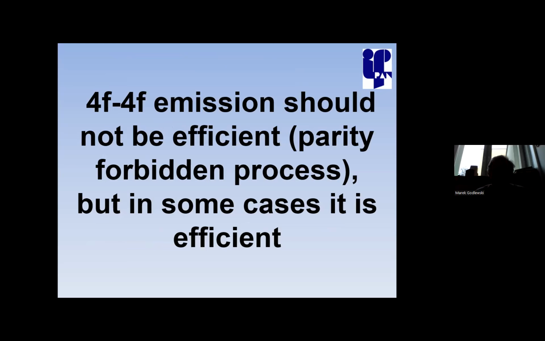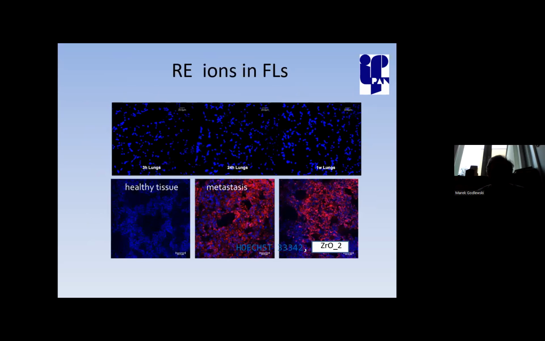These are really parity-forbidden processes. But in some cases, we see that we can quite intensively excite this emission, and we can use it. And this started a lot of studies to use rare earths for different applications, also in practical devices.